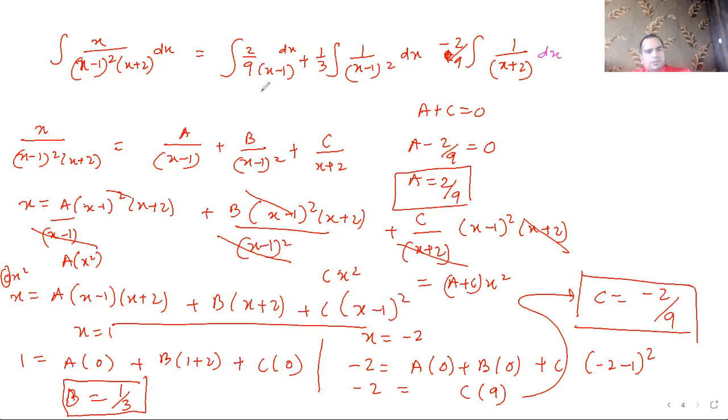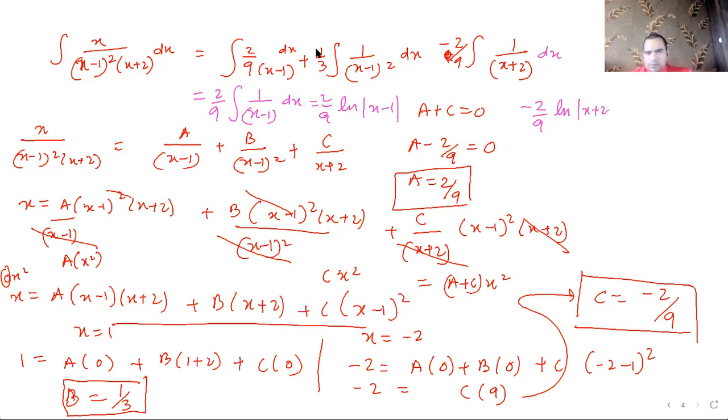Now comes the final step, which is integration. I integrate this as 2/9 times the integral of 1 over x minus 1 dx, which is going to be 2/9 ln|x minus 1|. Similarly, this is -2/9 ln|x plus 2|.